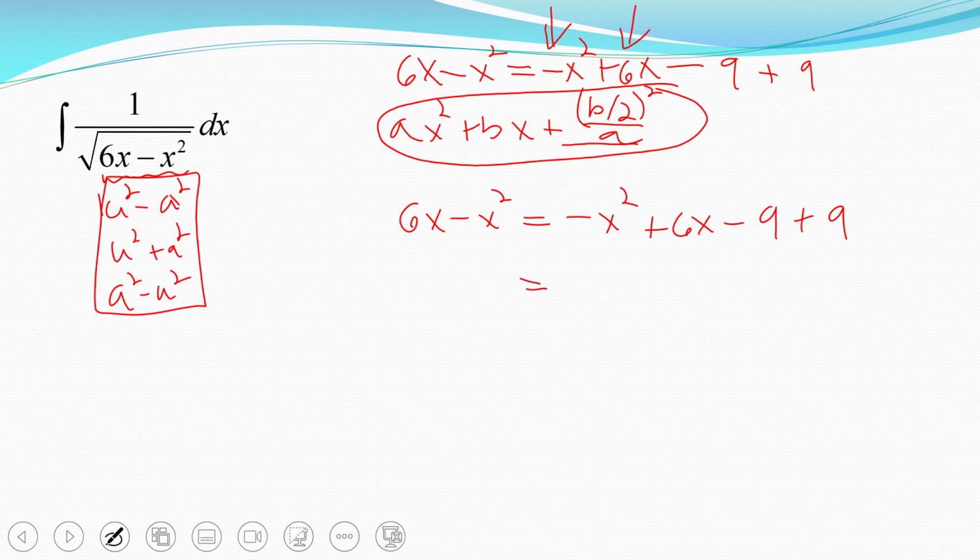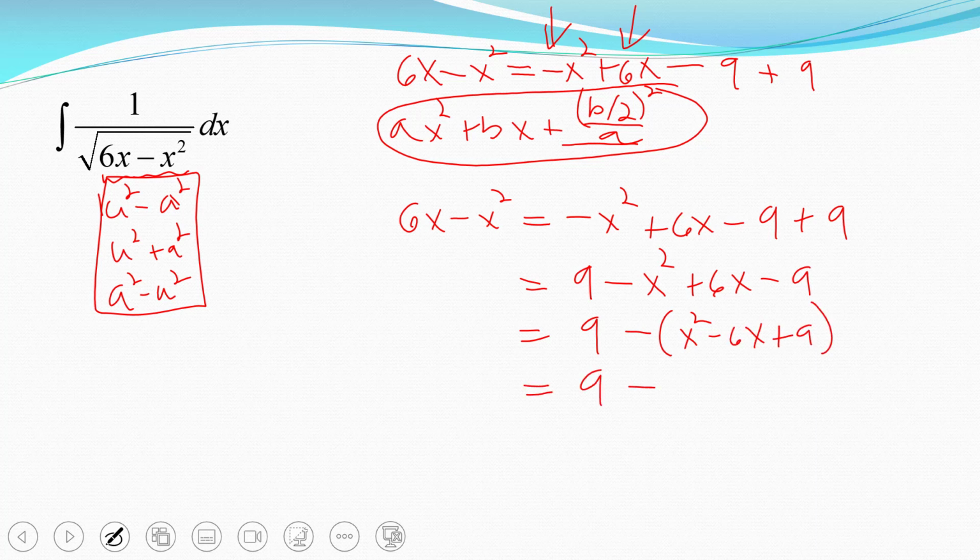That's the same as 9 minus the x squared, minus the 6x, plus the 9. That is 9 minus x squared minus 6x plus 9, and that is 9 minus x minus 3, that quantity squared. There you go. That's it.